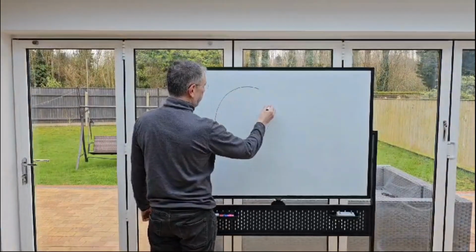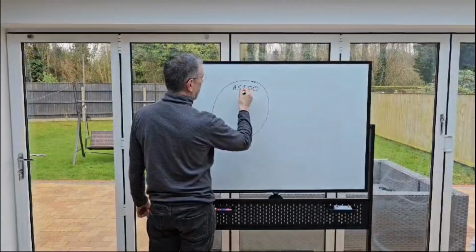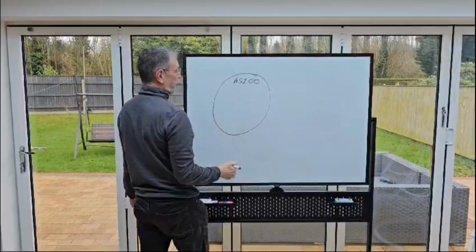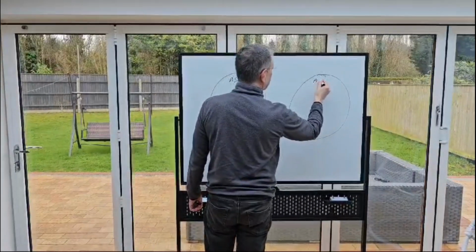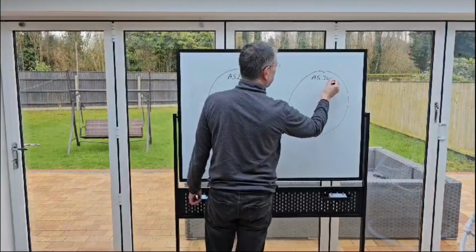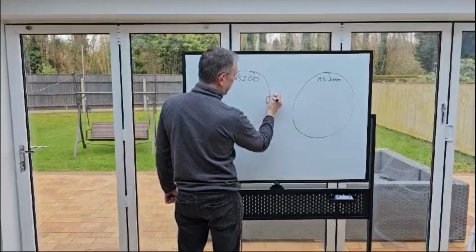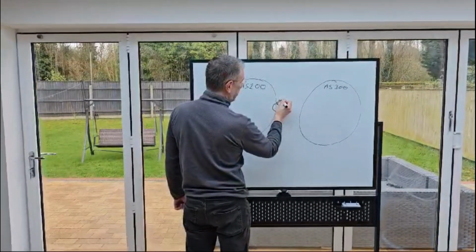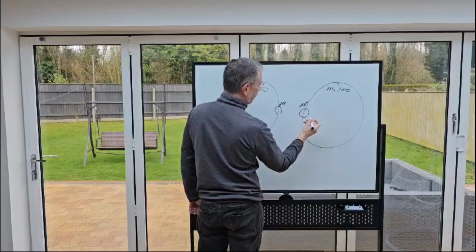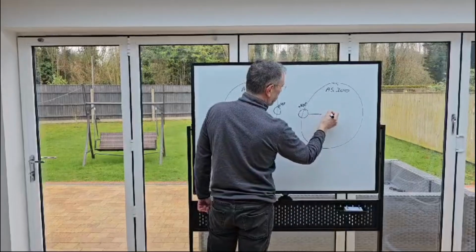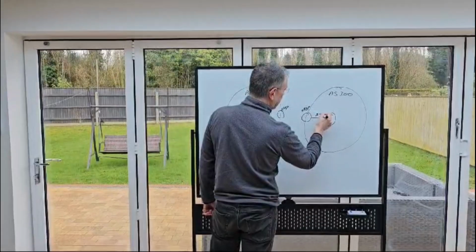We've got AS 100, and AS 300, and we have an eBGP router here, an eBGP router here, but we also have an iBGP router, so this would be iBGP.